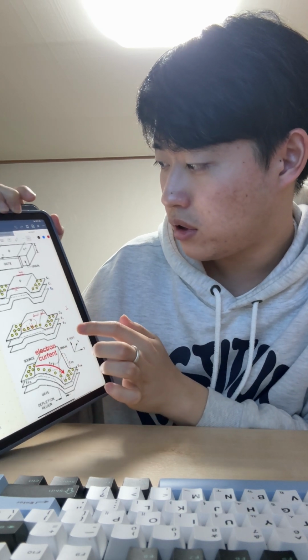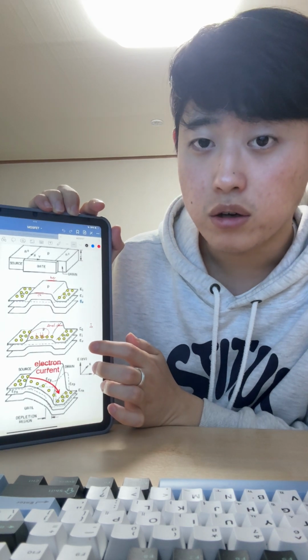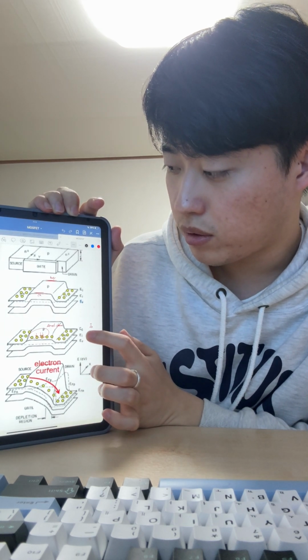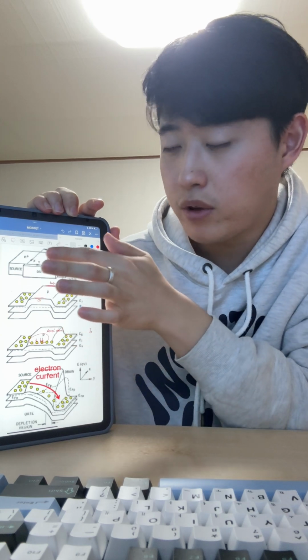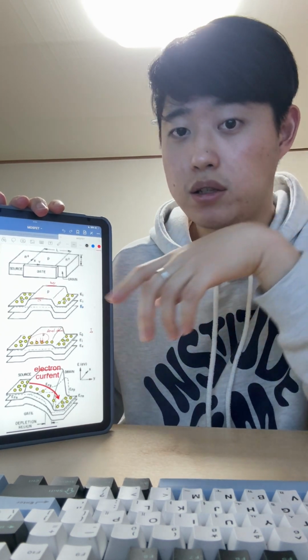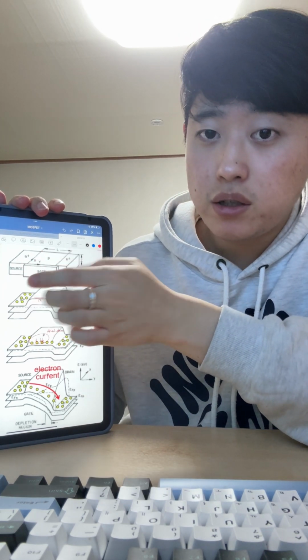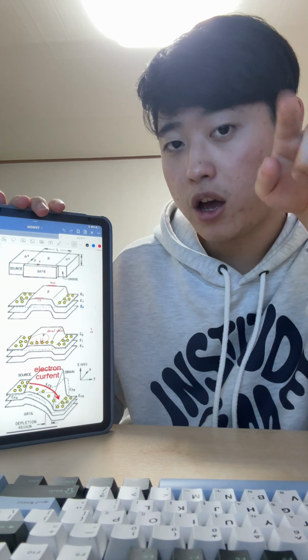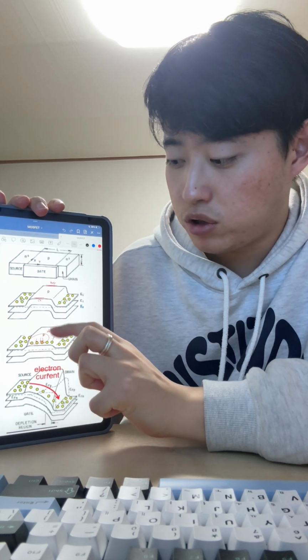And this is a diagram of the MOSFET. Here in front is the channel and behind is the P substrate. With plus bias on the gate, the potential of the gate is much lower.